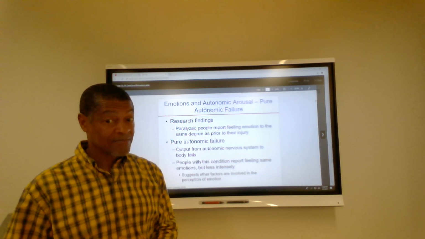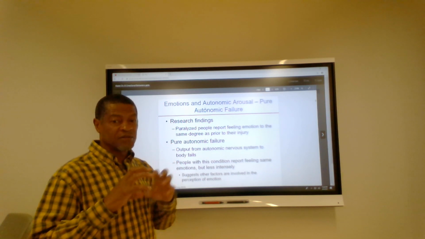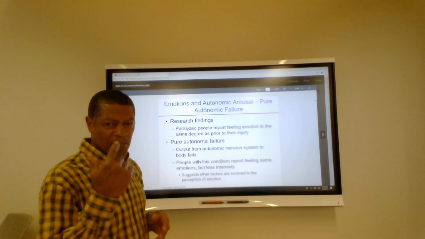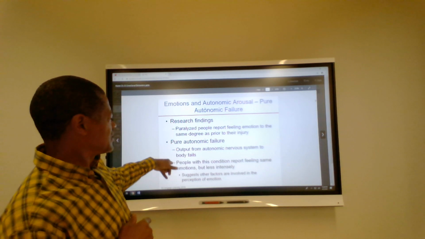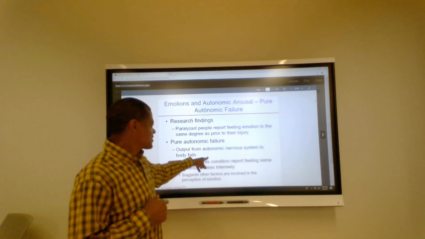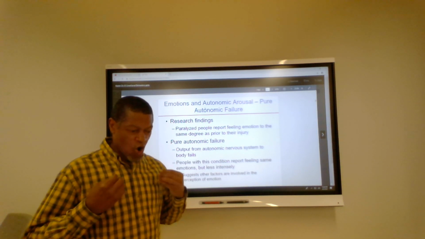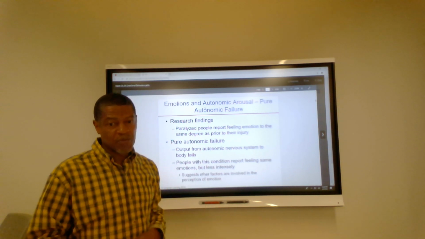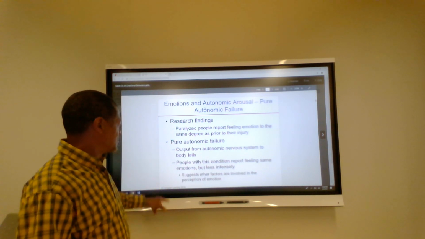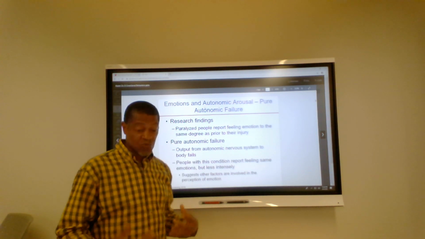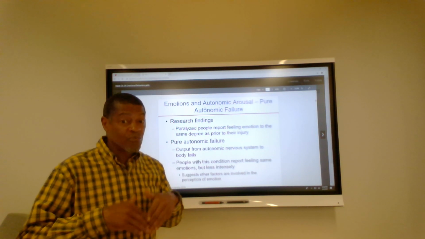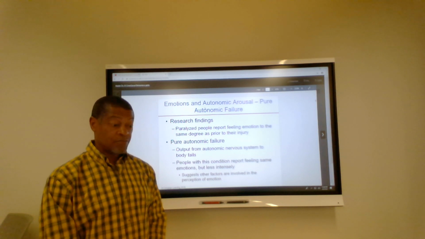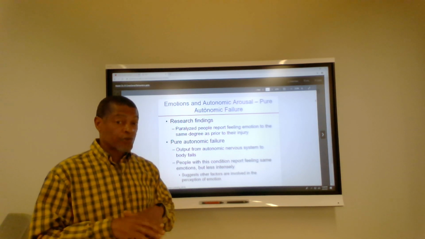Some people can't, and that's because the brain has been altered. But beyond the brain, physically, if the output of the autonomic nervous system is not working right, it's going to have an impact on how somebody responds to stress. So people sometimes have a condition where they have low autonomic output. Therefore, their responses to emotions are going to be what? Lower than someone else's.